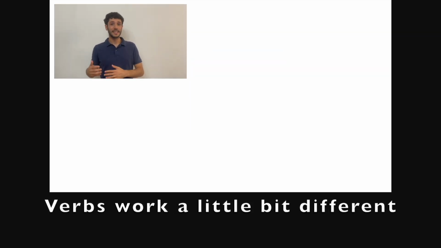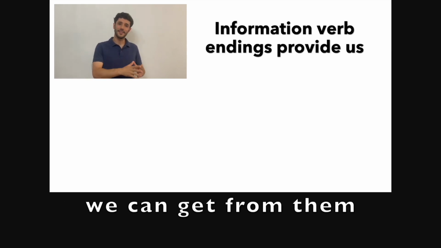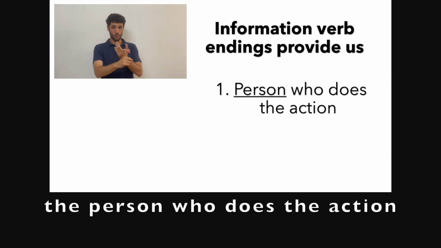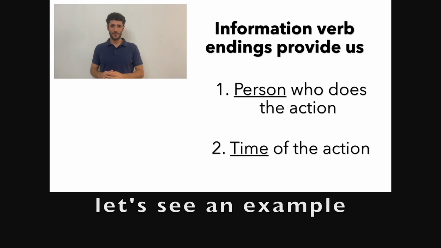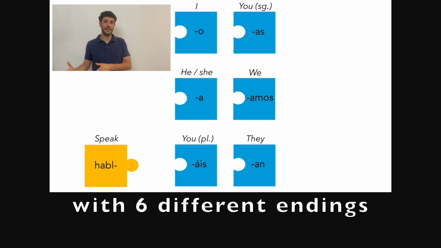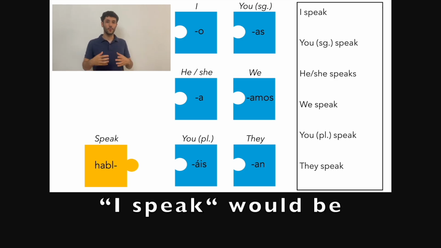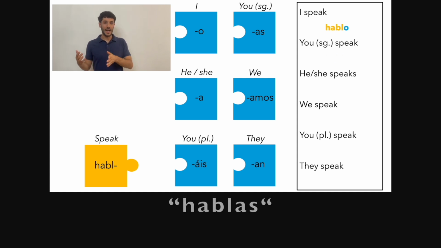Verbs work a little bit differently. There are basically two pieces of information we can get from them: the person who does the action and the time of the action. Let's see an example. If I take the part habl, which means speak, I can combine it with 6 different endings. I speak would be hablo. You speak would be hablas.